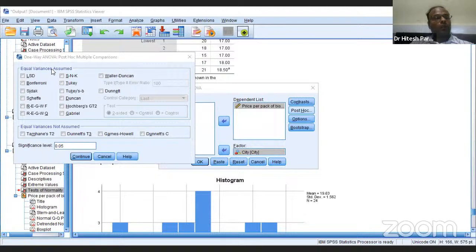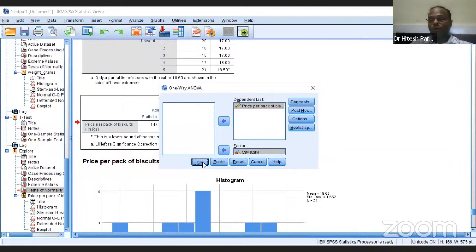Right? So there are two options available. We'll go for equal variance assumed, and we'll go for Scheffe. In the post hoc comparison, just give a tick mark to Scheffe and continue and OK.